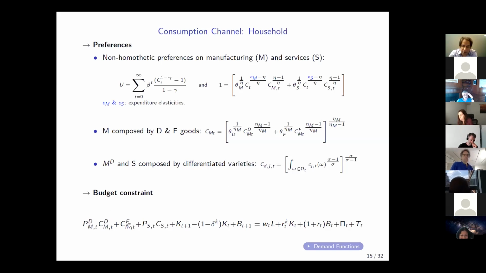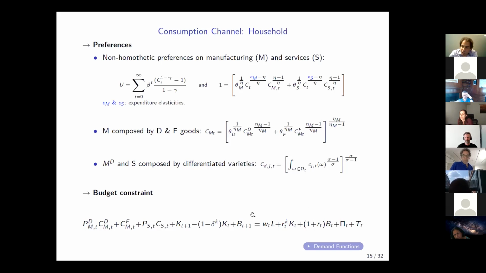It can be the domestic, the numeraire, which is the imported basket that we discussed before, also the basket of the services. It has to invest, and because, as I was telling you, this is in the foreign basket, all the capital is imported, that's why you don't see an extra price here. There is labor, there is the return to capital, there are the profits, and there is going to be a transfer that has to do with the capital controls being given back or taken.